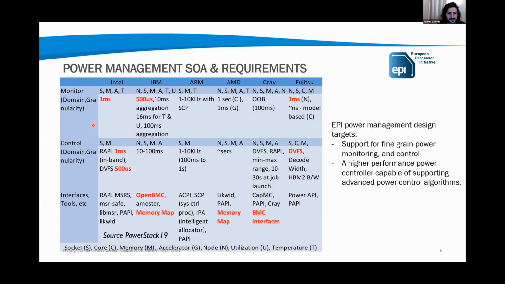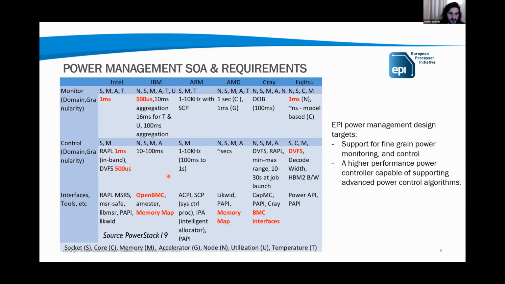The time scale we can see is around a millisecond and hundreds of microseconds for the self-monitoring of the power consumption, and the time scale for the control of the power management is still in the range of milliseconds and hundreds of microseconds.